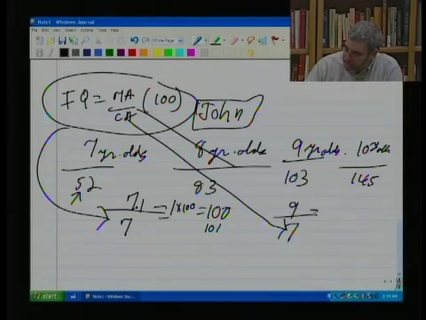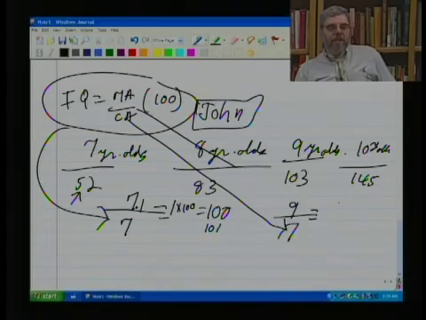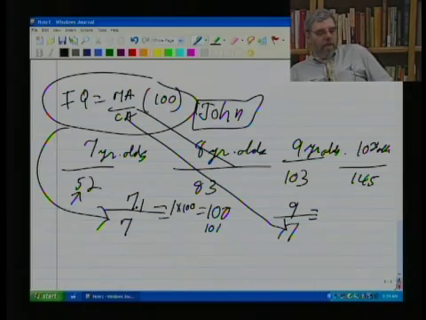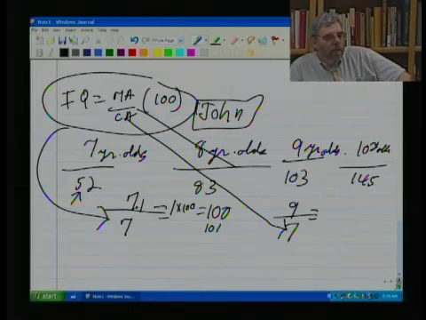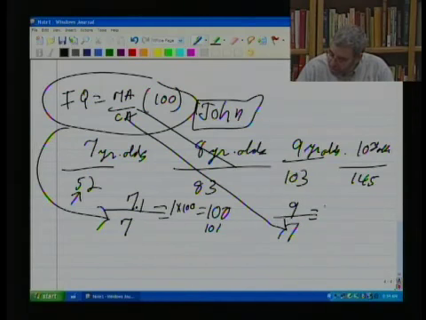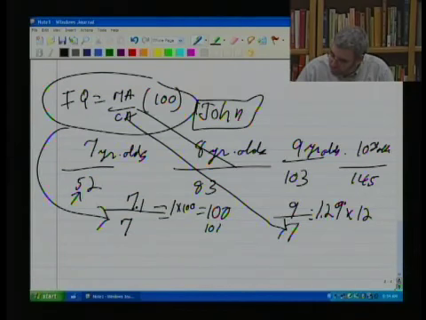9. Who has a calculator? 9 divided by 7 is? 1.29. 1.29 times 100 is 129.